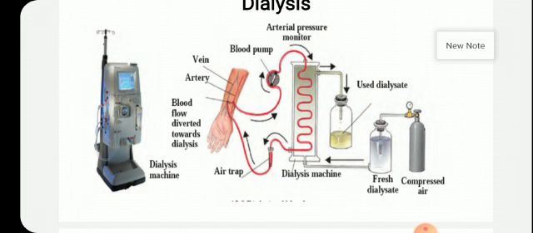So, what will happen if the efficiency of the kidney is affected, or the kidney is damaged due to certain injury, infection, or by any disease? If some organs get damaged, the kidney will not function properly.